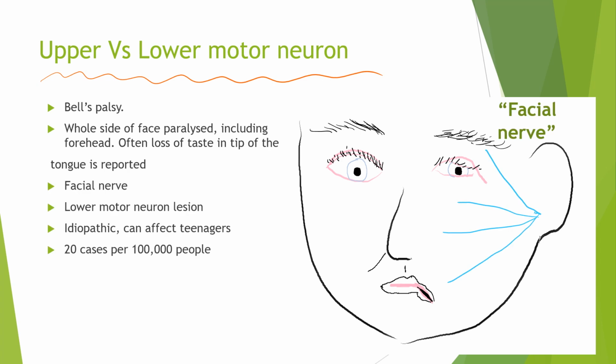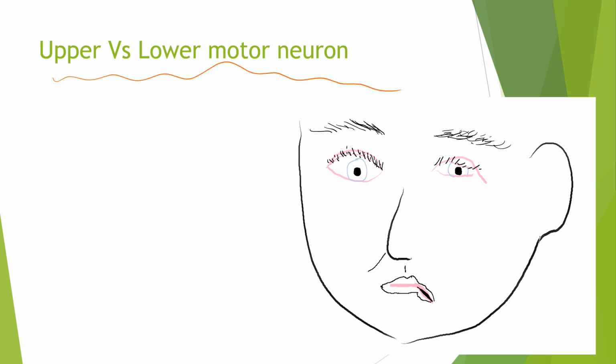It's a lower motor neuron lesion then, because the facial nerve obviously isn't part of the central nervous system. It's idiopathic and it can affect teenagers, and usually is reported to have 20 cases per every 100,000 people. So you usually do see one in paediatrics maybe every year or so.